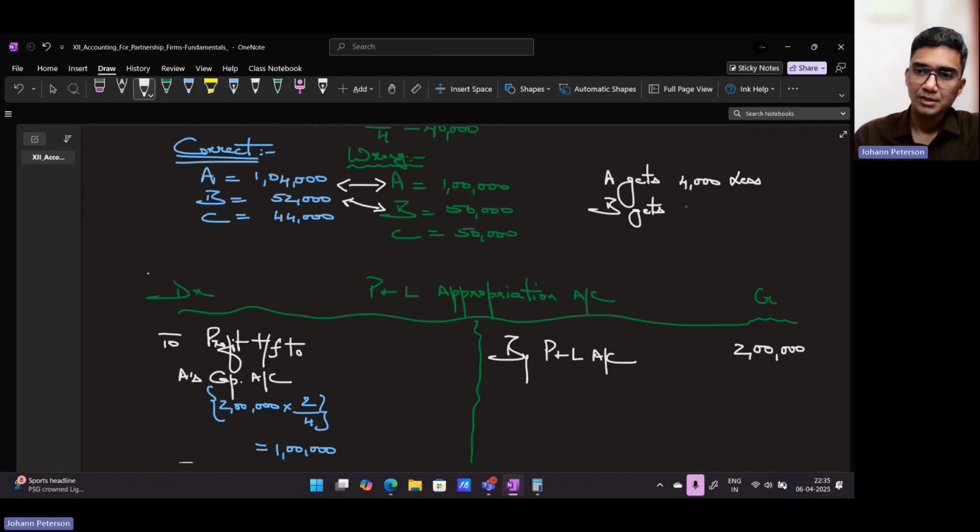Therefore, he gets 2,000 less. And looking at C, C wrongly got 50,000, but he should have got correctly 44,000. Therefore, he has got 6,000 more.